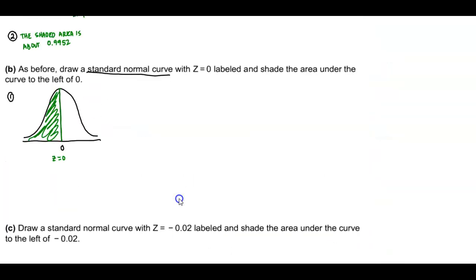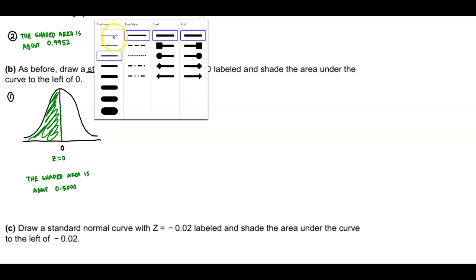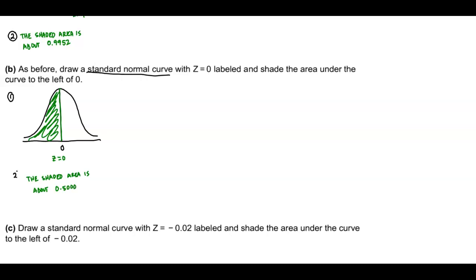So we can say that the shaded area is about 0.500. So that represents Part B.